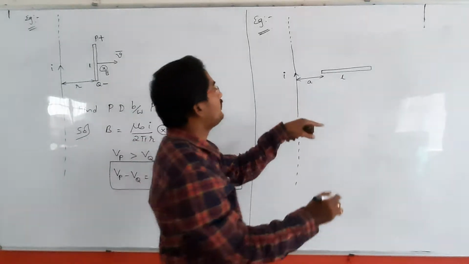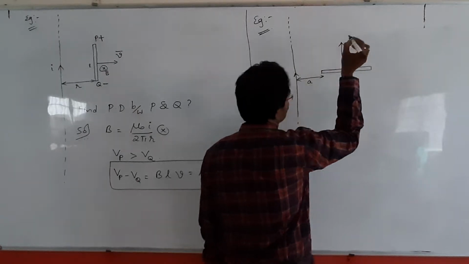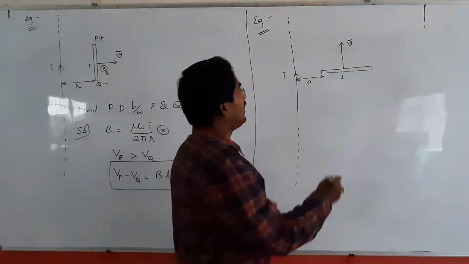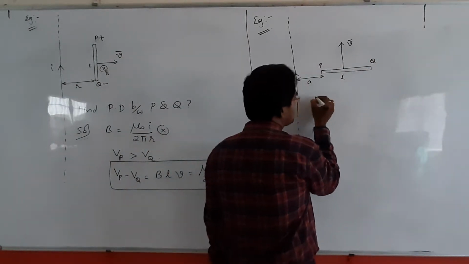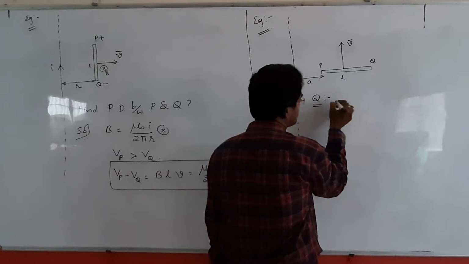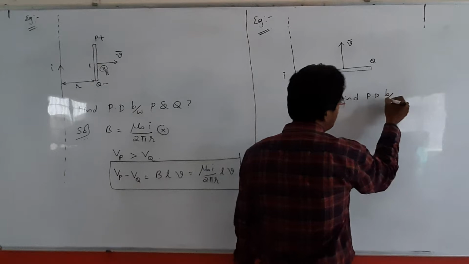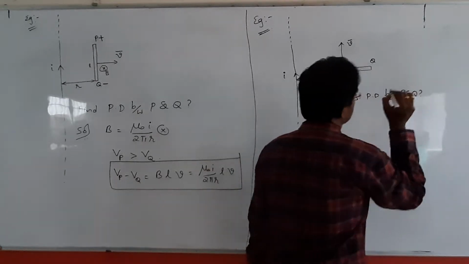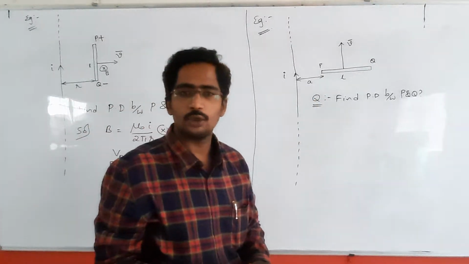It's moving with velocity v in this direction. The question is to find the potential difference between the points P and Q.